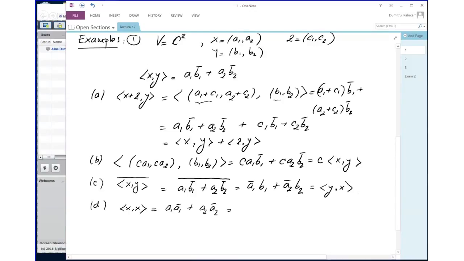When you have a complex number z and you multiply it by its conjugate, what do you get? The modulus, the magnitude of the number squared. So, like this. So it's the sum of two squares, which is always greater than or equal to 0, but when will it be 0? When both numbers are 0, so the vector is the 0 vector.